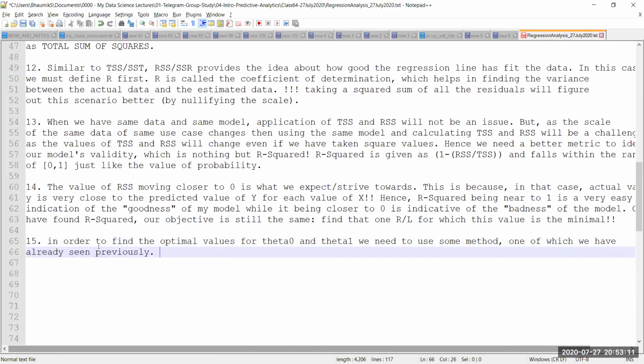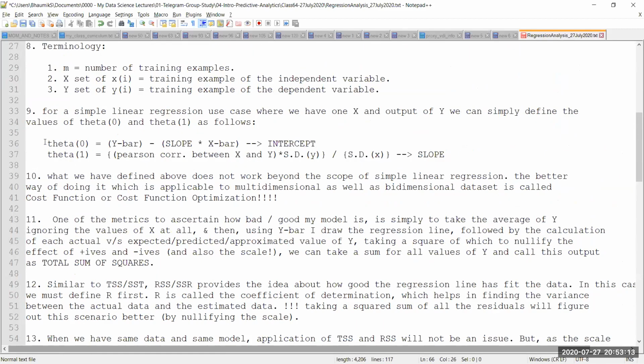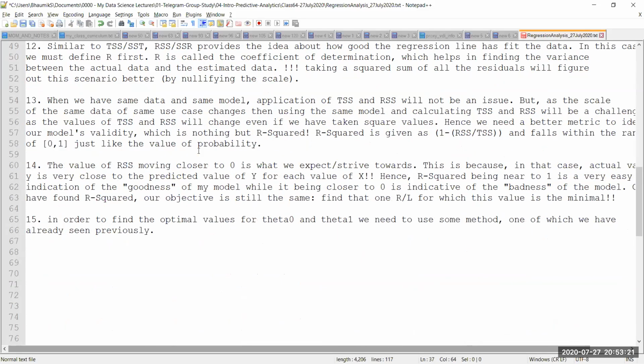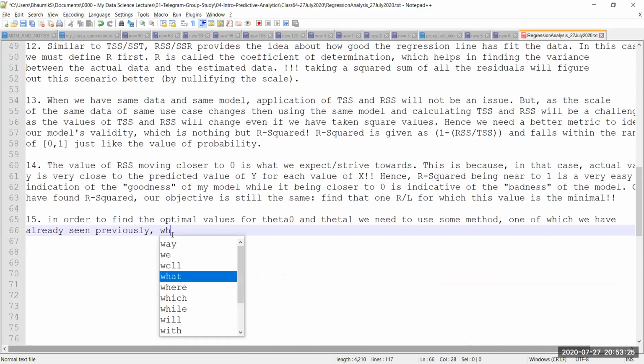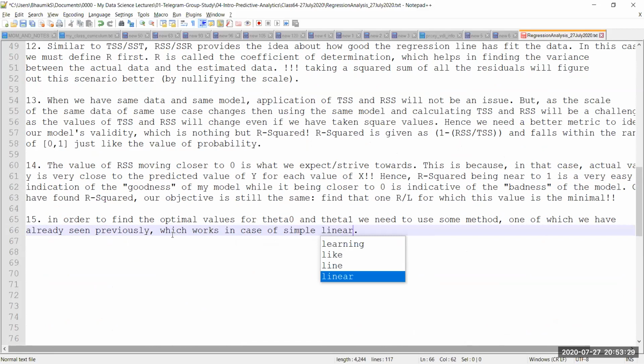We already saw a method where we calculated theta 0 and theta 1 using the correlation coefficient and slope and x bar and y bar and so on. So that's one way which we have seen previously, which works in case of simple linear regression problems.